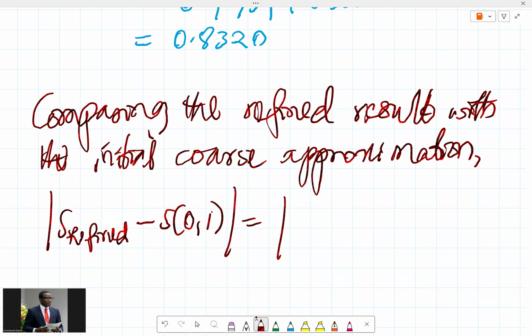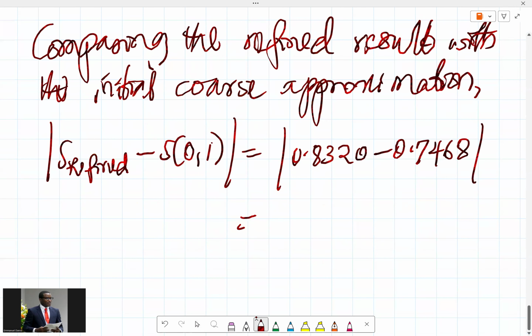And that is the absolute value of 0.8320 minus 0.7468, and that is equal to 0.0852.